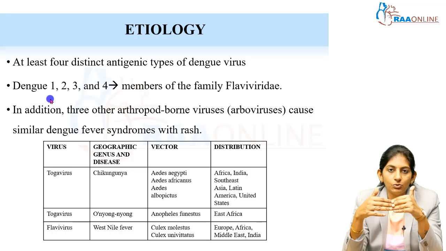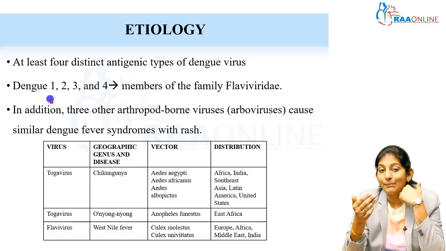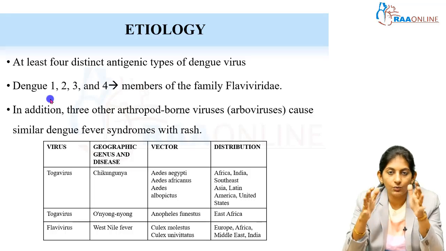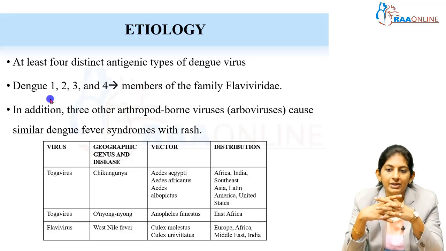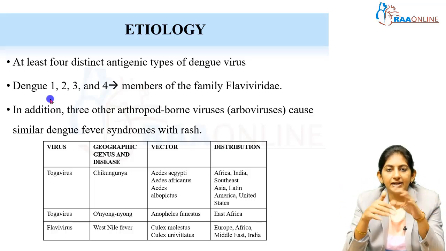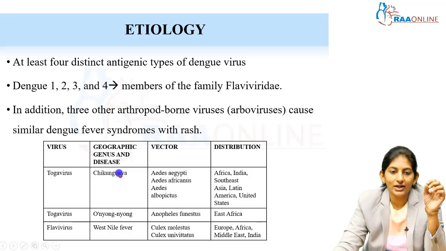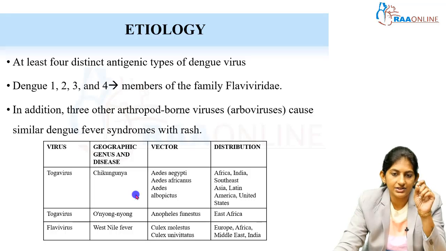So there are people who come every year with a dengue infection. Two or three episodes of dengue could occur in one individual. And we have some other illnesses which mimic a dengue fever like syndrome. One is the chikungunya virus, which is native to our country.